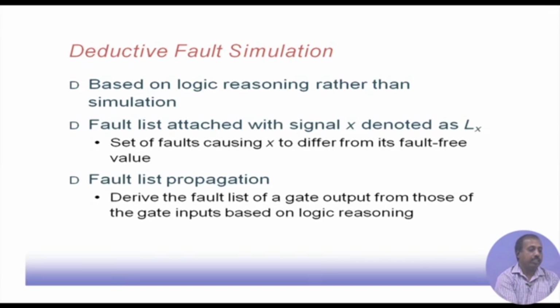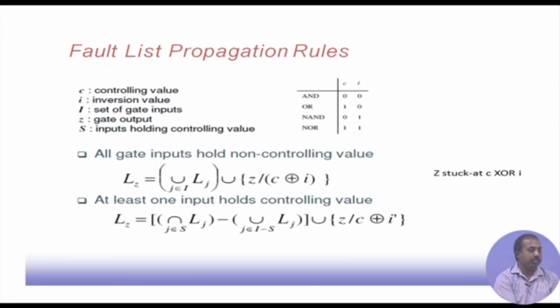Another thing is the fault list propagation. Based on the fault lists of the inputs, we try to propagate the fault list to the output using logical reasoning. So, we will see how this happens. Say we have an AND gate.